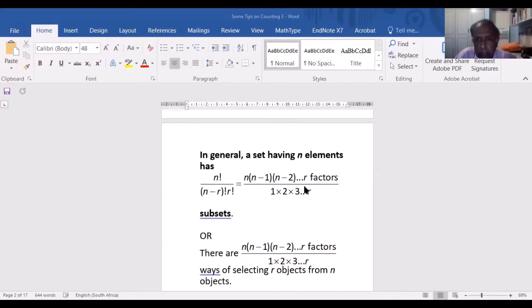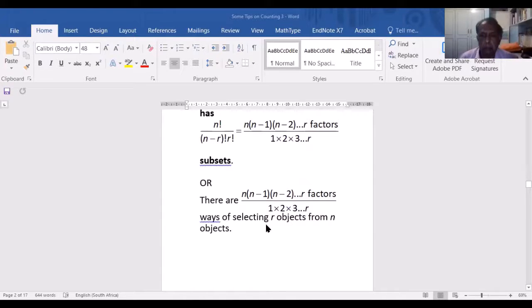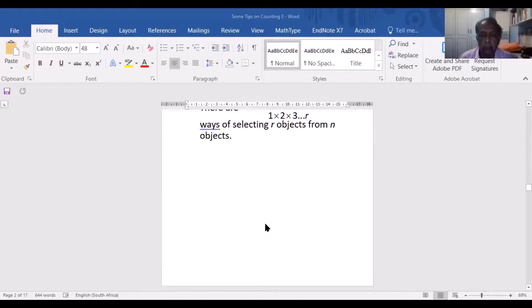Now this here is a much simpler way of writing it without the factorials. I just want you to notice this.